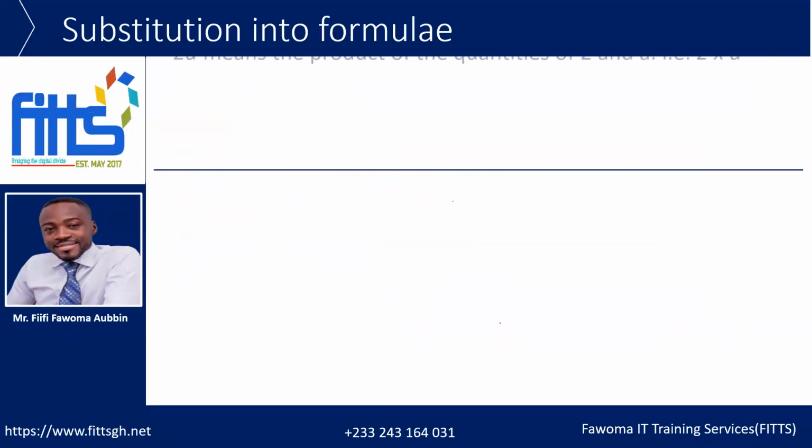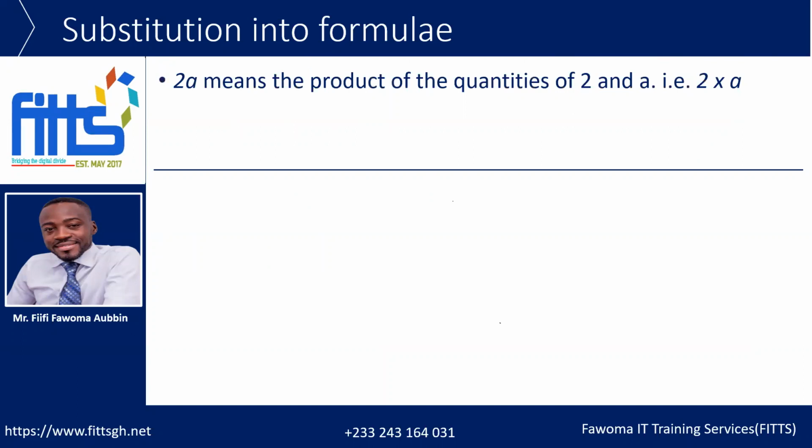There are certain things you need to know when it comes to substitution into formula. When you see 2a, it means the product of 2 and a. If I write 7ab, it can be interpreted as 7 times a times b.